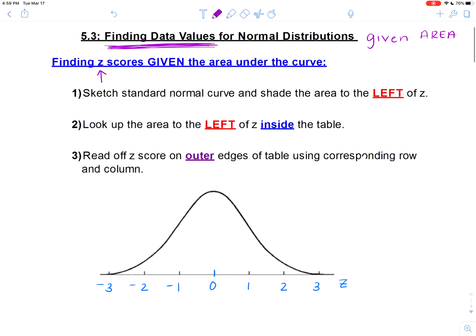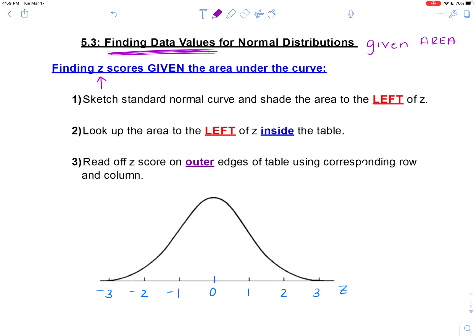All right, so in general, you want to understand what the sketch would look like. Is the area large? Is the area small? Keeping in mind that when the area is less than half, you have a negative z-score.